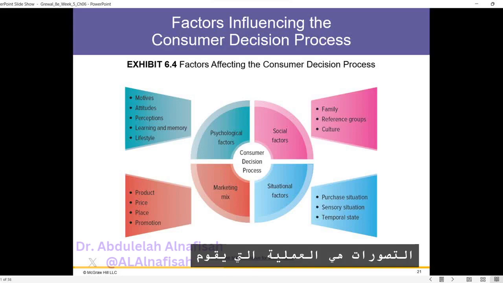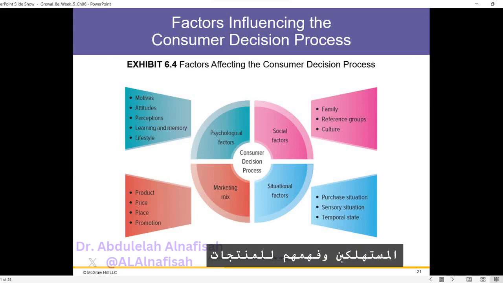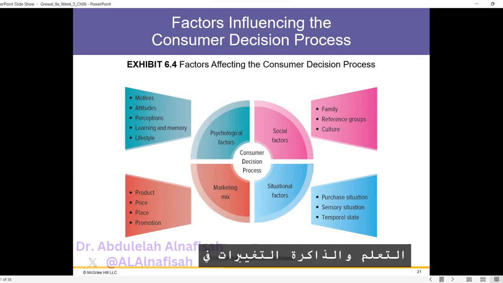Perceptions, the process by which consumers select, organize, and interpret information from their environment. Perception shapes how consumers view and understand products or services. Learning and memory, the changes in consumer behavior that come from acquiring and retaining information through experience or exposure.